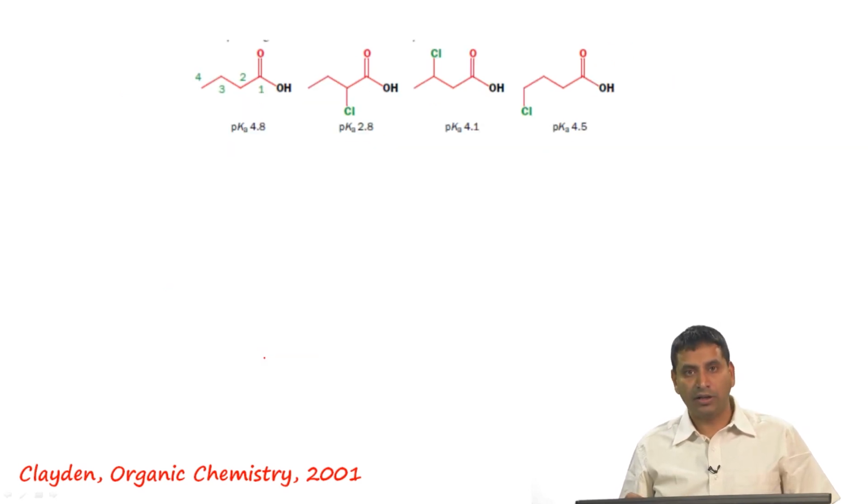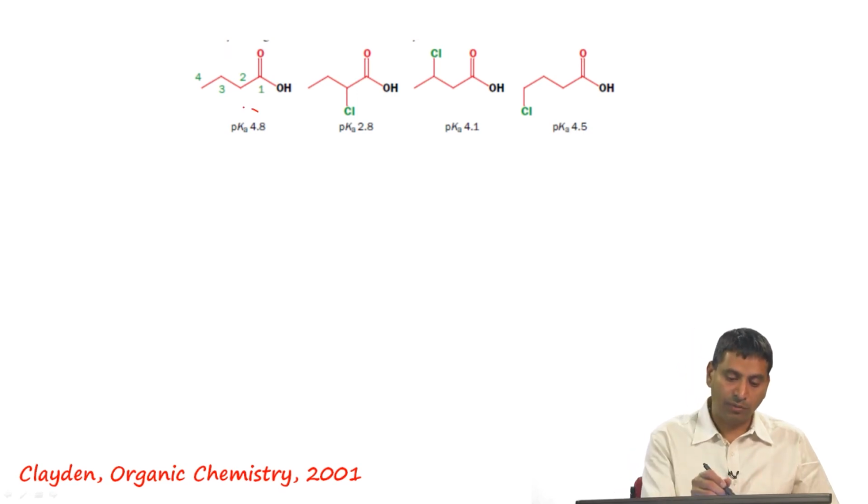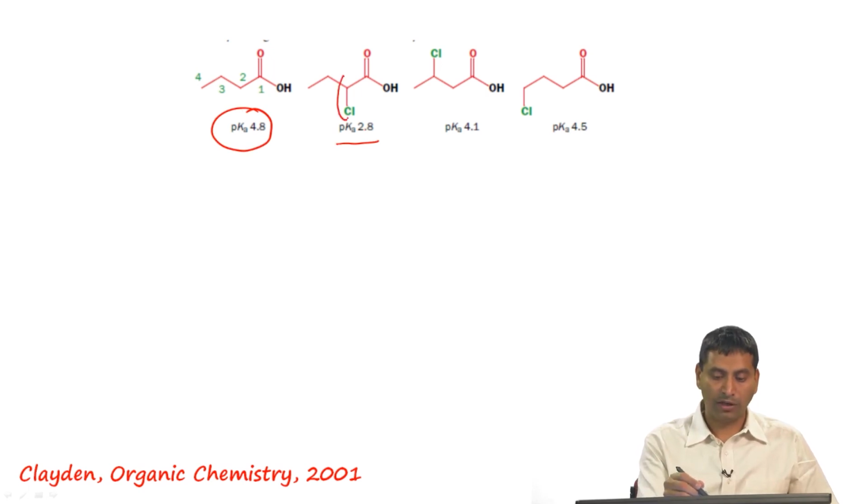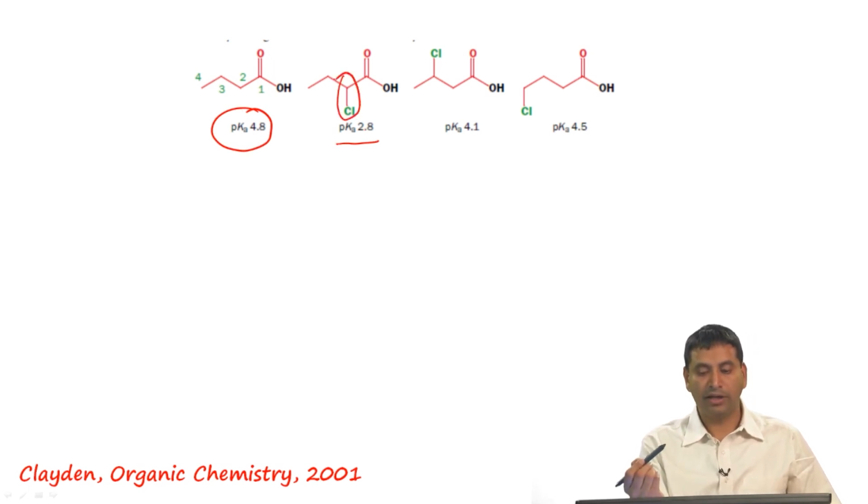Now, let us look at another example of structural effects on acidity in carboxylic acids. So, here we have given 4 acids. The pKa of the starting molecule is 4.8, it is very similar to acetic acid. Now, when I introduce a chloro group at this position, then the pKa drops by a couple of units. Okay. So, 2 units of pKa means a 100-fold difference in the Ka.